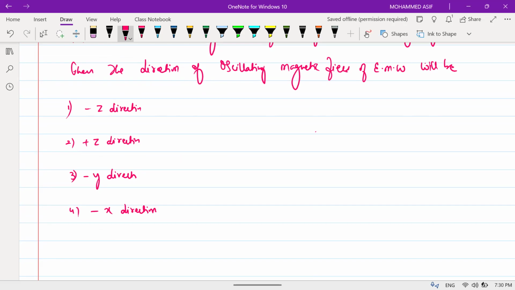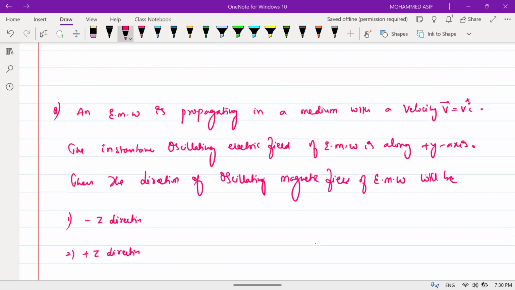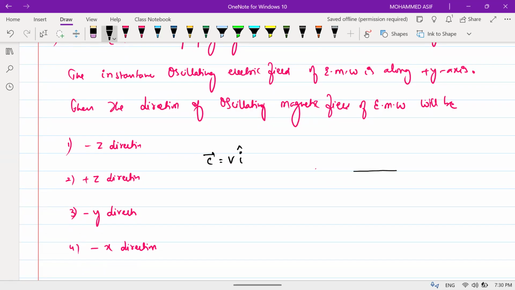Okay. Now read the question. An electromagnetic wave is propagating in a medium with what speed, beta? Speed of the light. That means C bar is given for me. C bar equals V times I cap. That means the speed of light is in which direction, beta? X-axis. This is your I cap. This is your J cap.